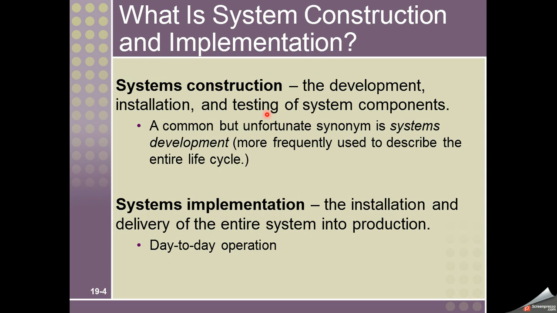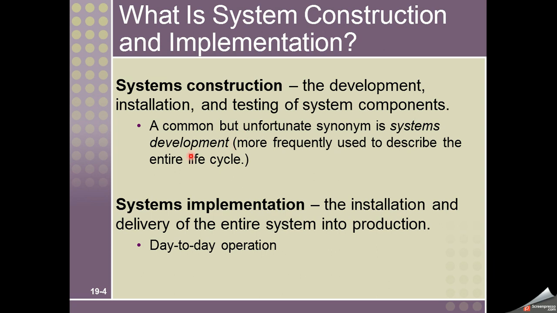So this is done for the software component, right? I hope you understand that there are many components in the information system and for each component the development, installation and testing means different things. So now at the end of the construction phase, every component is completely developed, installed and tested. Now it is ready to be used by the users, right?